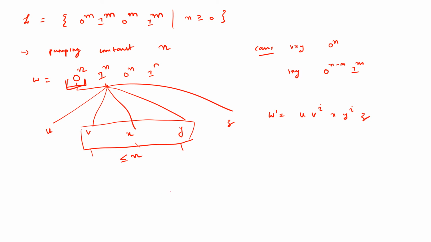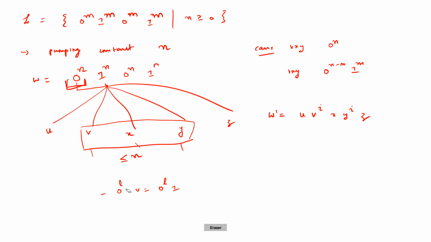Now, no matter how you make this partition, I can write the string as u equal to 0 power l.